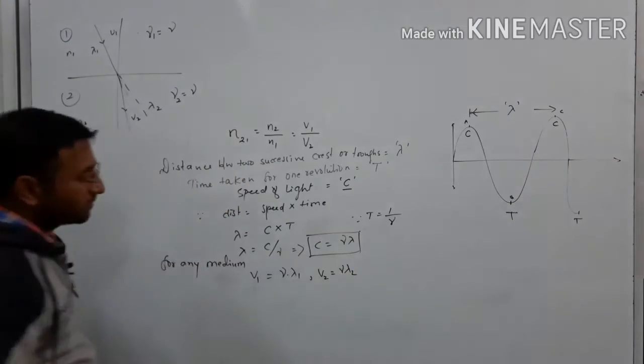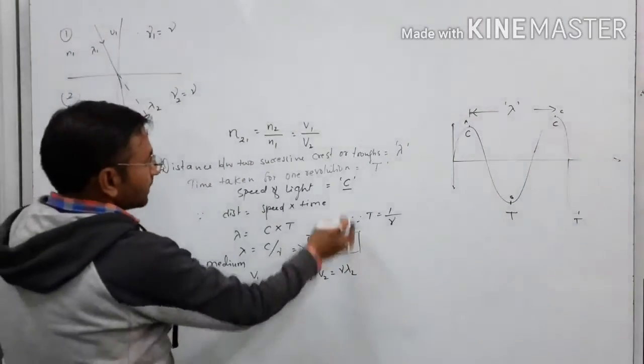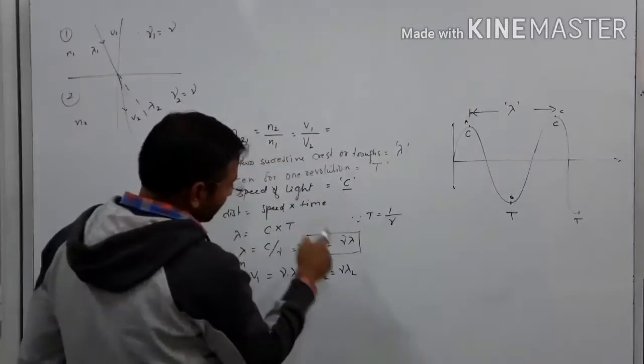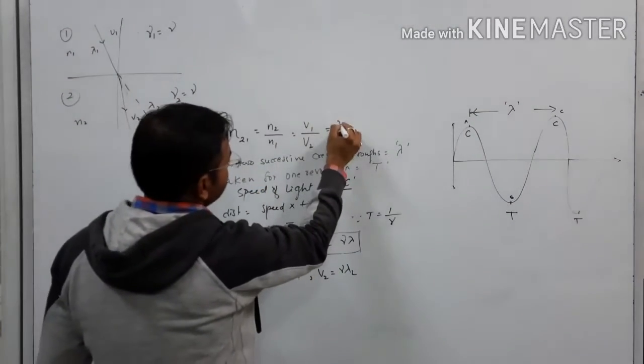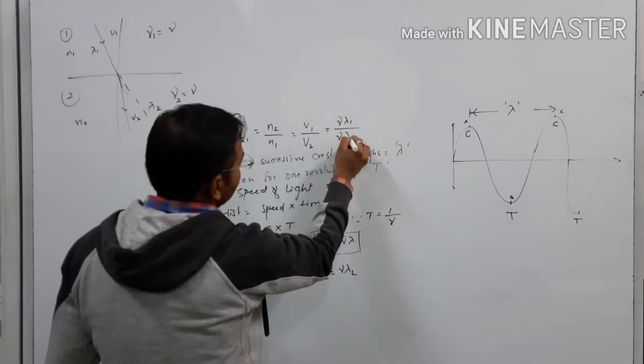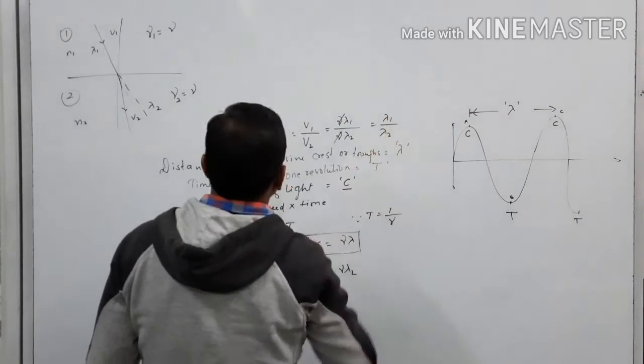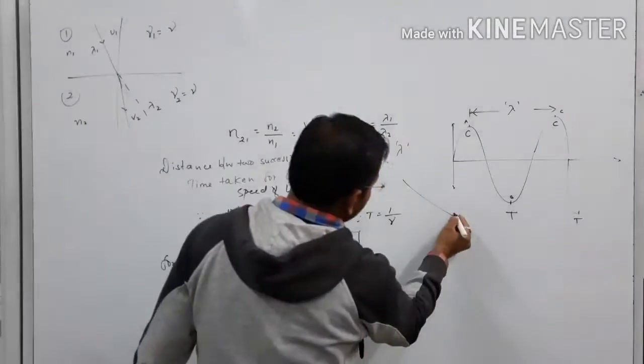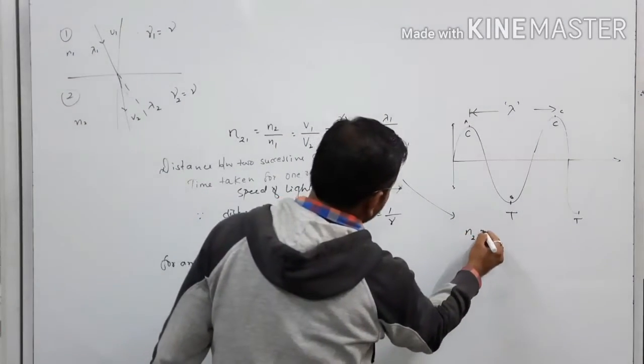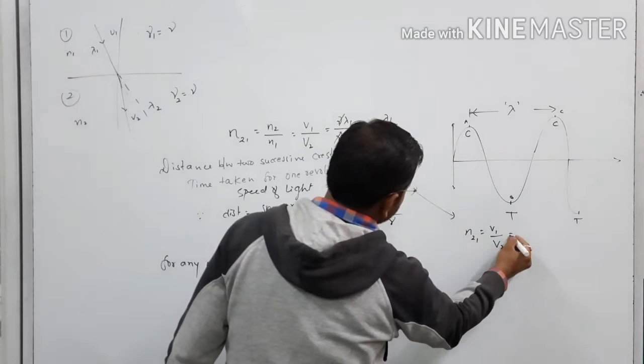Substituting the values, mu cancels with mu, giving lambda 1 by lambda 2.